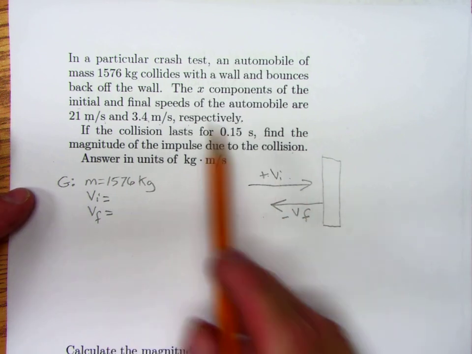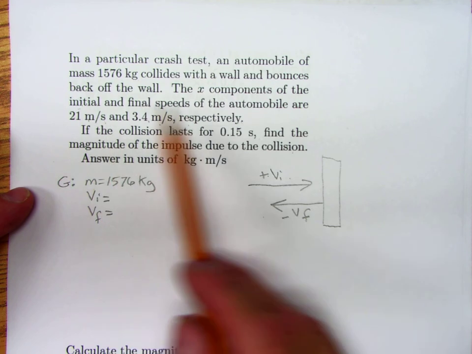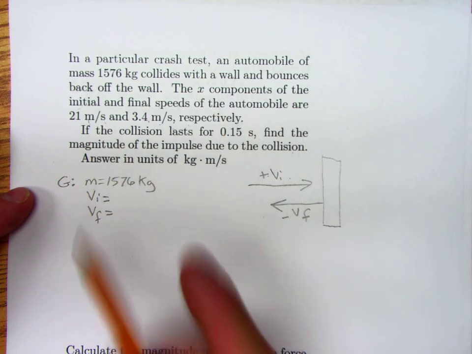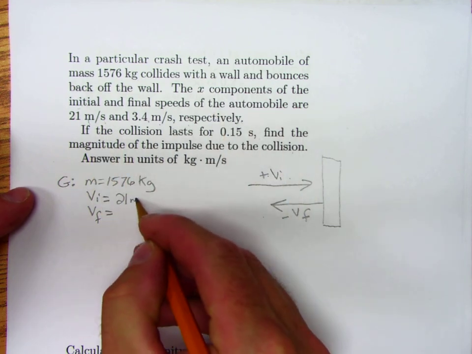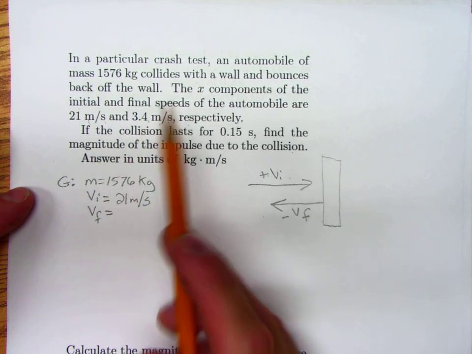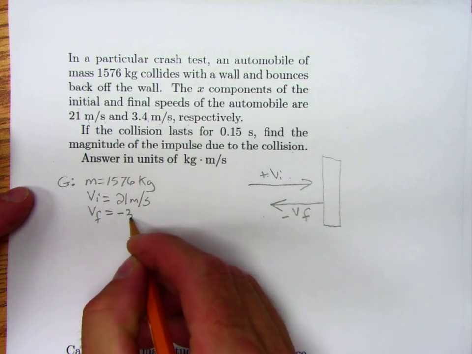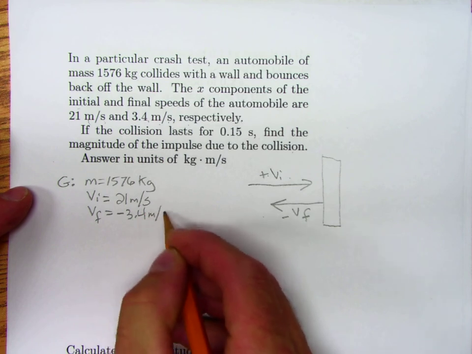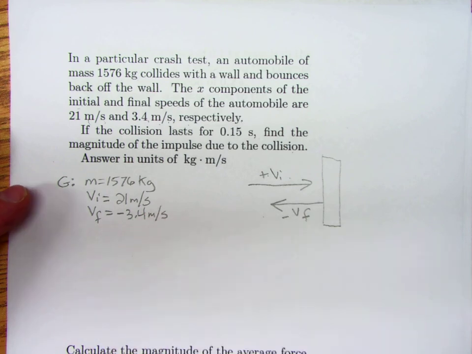So we're going to go back and say, okay, the initial speed of the automobile is 21 meters per second, and it's positive. And the 3.4 is the final speed, and it's negative. Direction is important when we're talking about vectors.